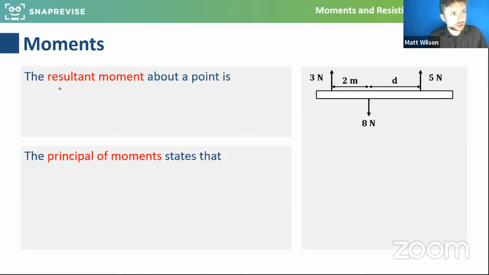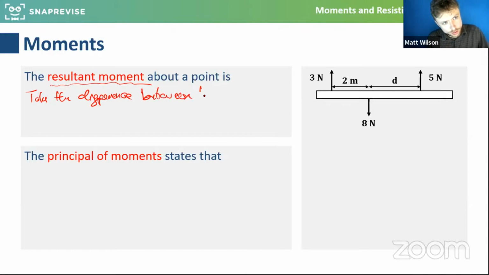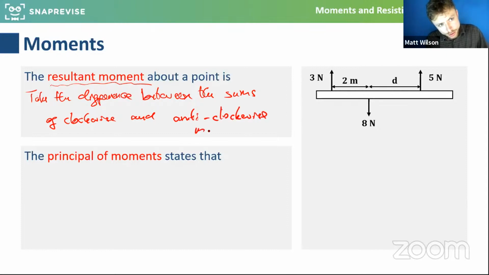The rule for adding moments together, for finding a resultant moment, is we take the difference between the sum of clockwise and anti-clockwise moments.